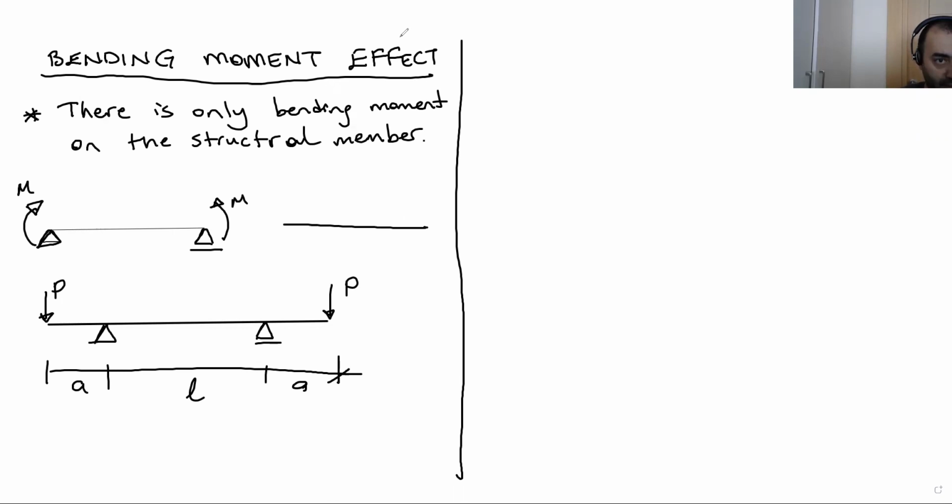This is the member, and the moment diagram is like this. This is positive, and for this case, we are going to see a moment diagram like this.